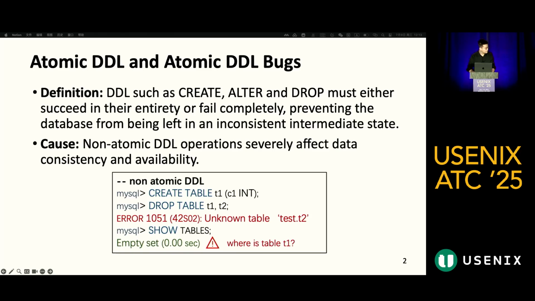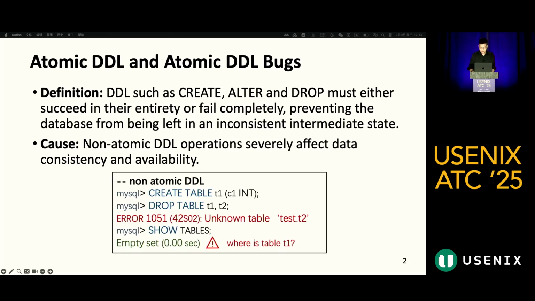Here we give an example. Consider an issue that exists in MySQL versions prior to version 8. First, it executes an operation like create table T1, and this operation creates a table. Second, it executes a drop table T1, T2. Here we can see that the table T2 does not exist, so the entire statement fails.